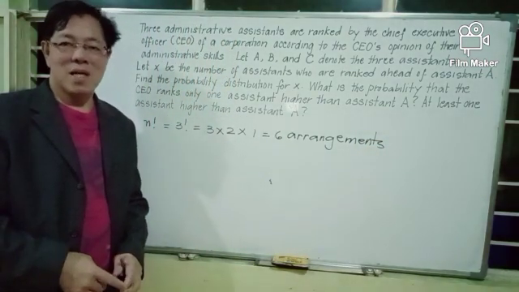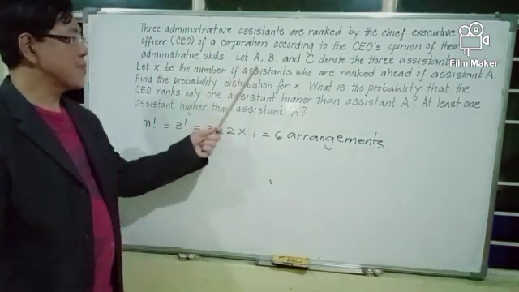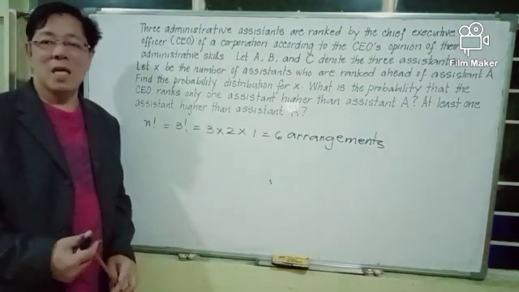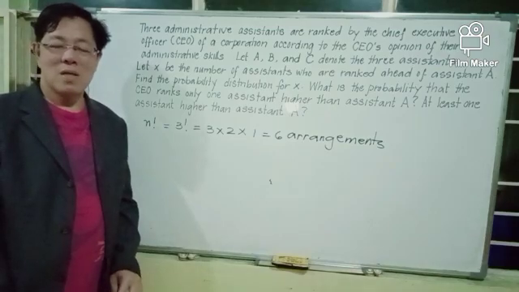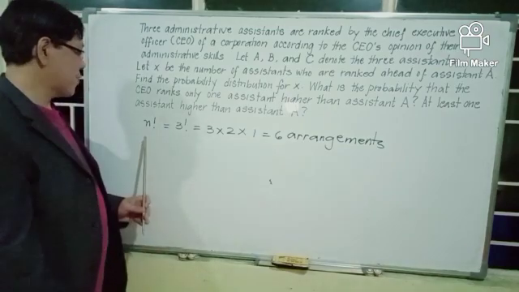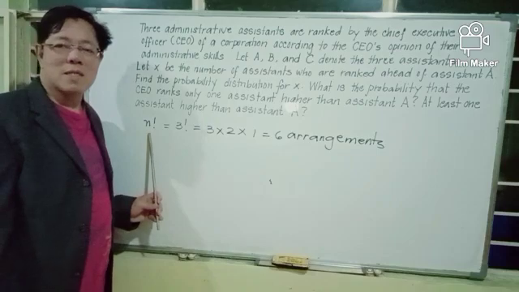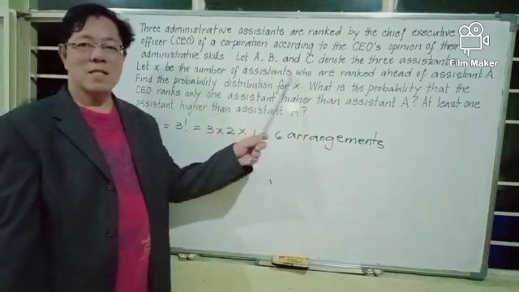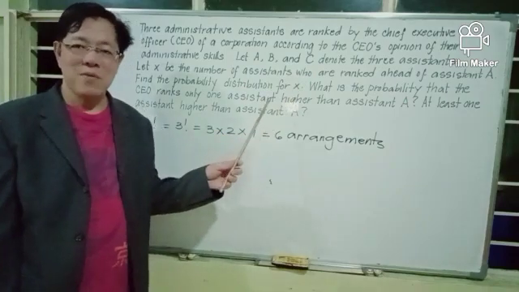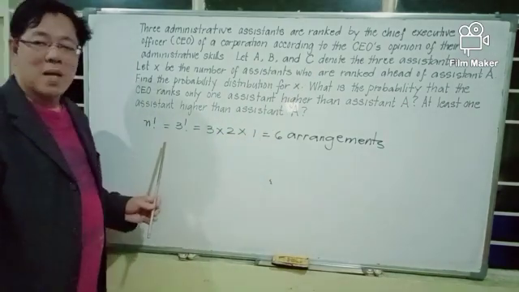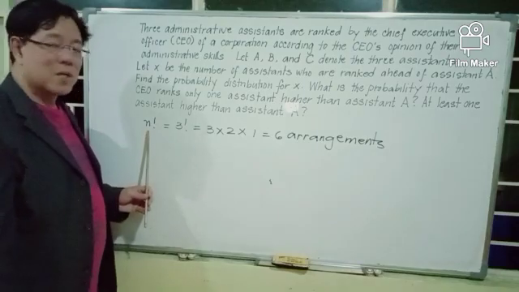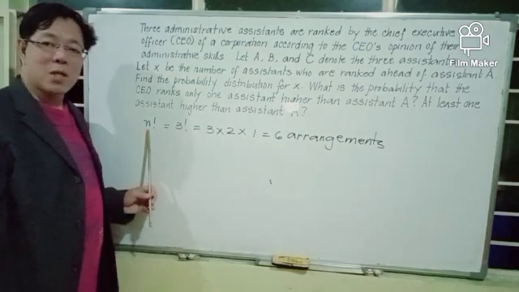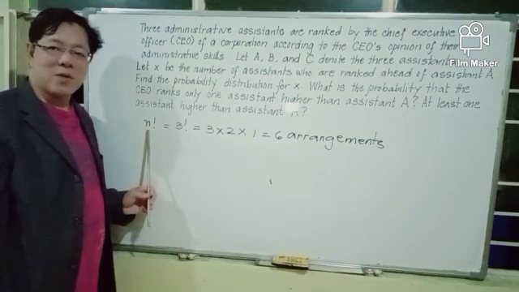To find the number of arrangements of the three assistants, we use permutation case 1. Permutation case 1 refers to the arrangements of n distinct objects taken all at a time, and these three assistants are all distinct. The number of arrangements is given by n factorial.